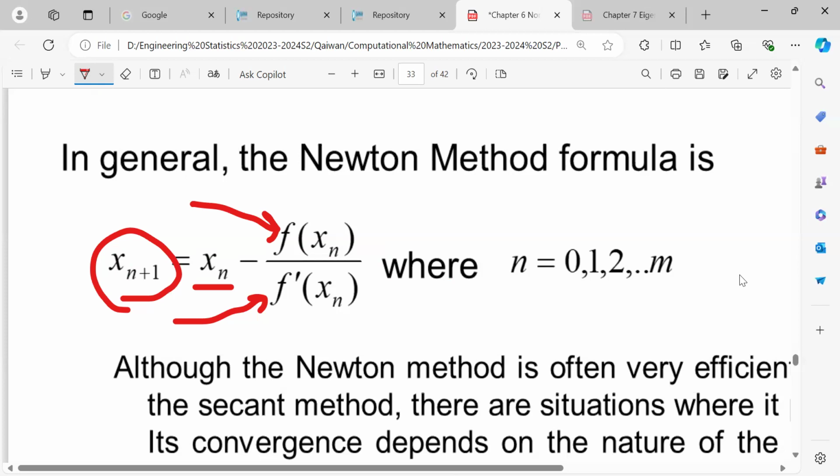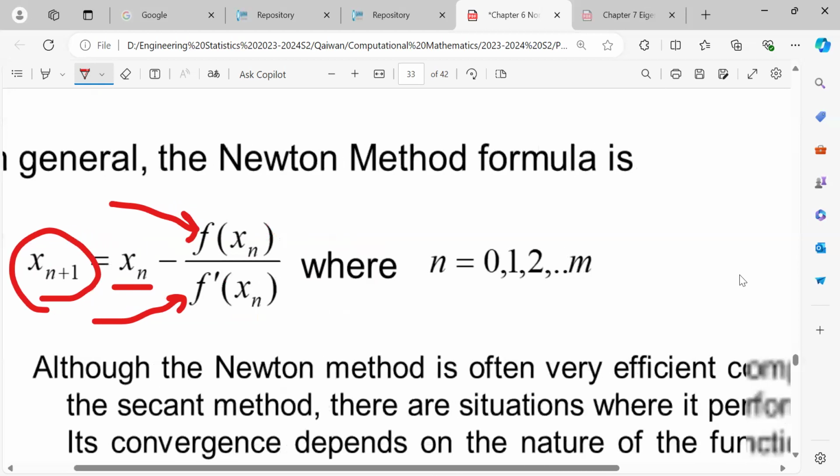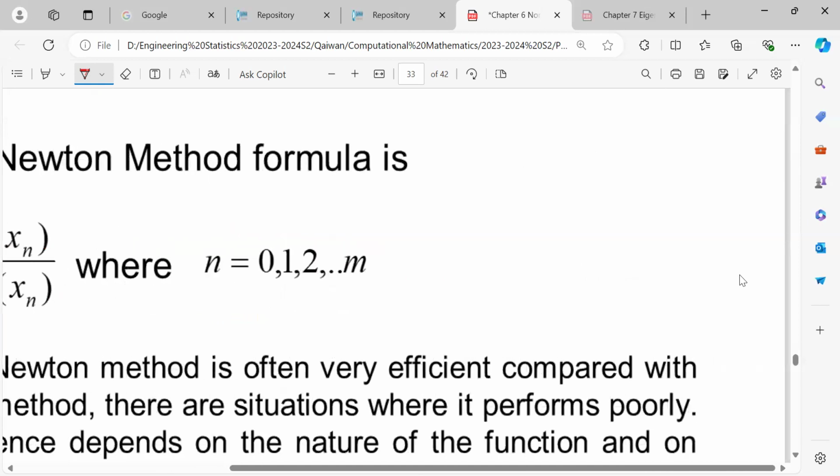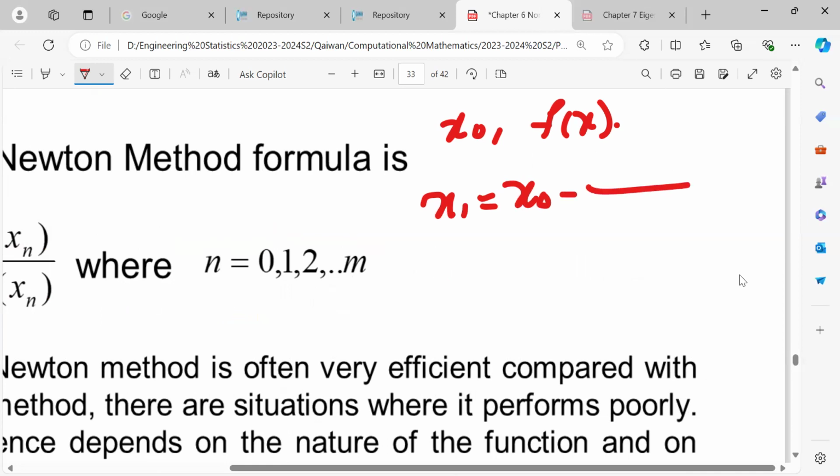Okay, so here the initial value must be given. Let x naught be given, and f of x is given also. To find x1, x1 is x naught minus f of x naught divided by f prime of x naught.